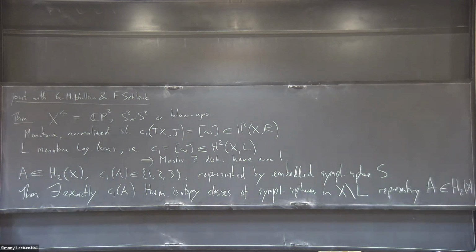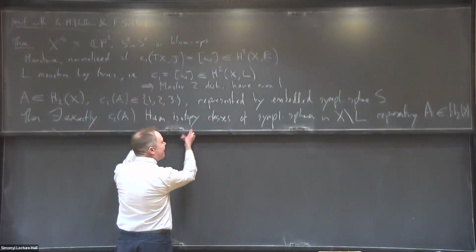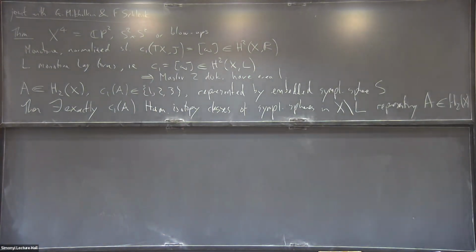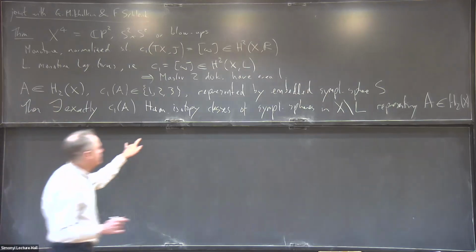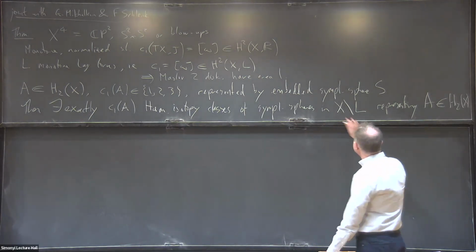So the Hamiltonian isotopies are supported away from L. Right, exactly.